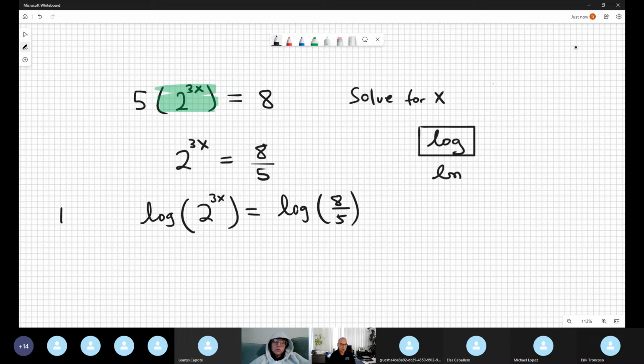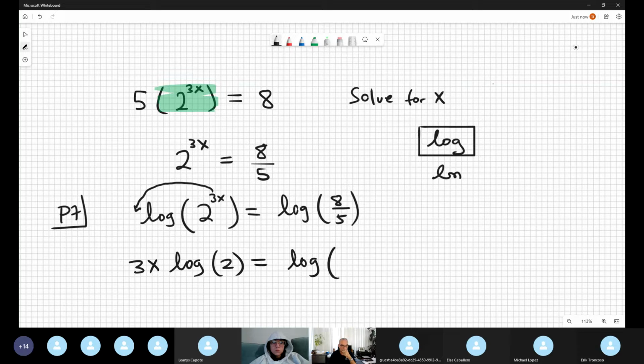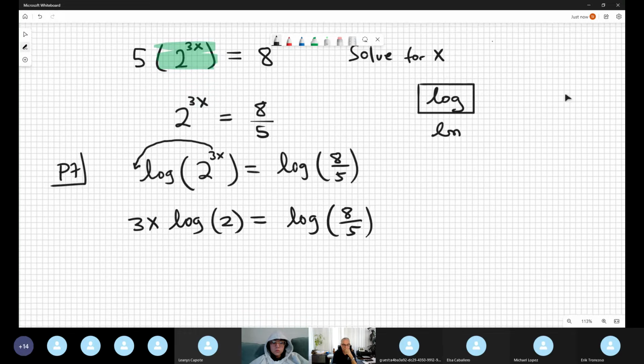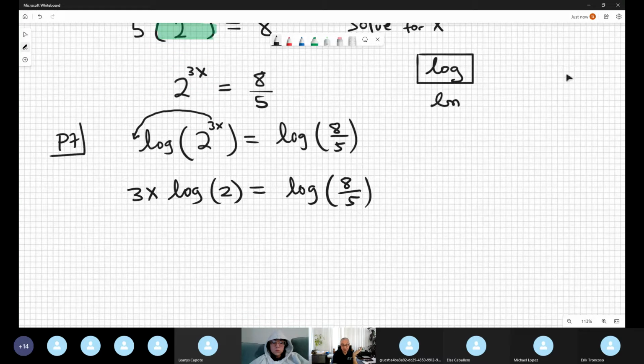Now you apply property 7, and property 7 allows this exponent to magically fly to the front, like 3x log of 2 equal log a over 5. And you don't worry too much about this log of 2 and log a over 5 because this is just a number.